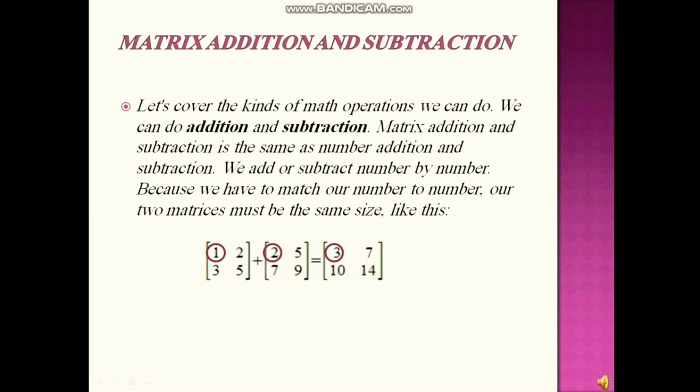So here we have two matrices and the order is 2 by 2. We can add them correctly. So we will add 1 plus 2 equals 3, and 2 plus 5 equals 7, 3 plus 7 equals 10, 5 plus 9 equals 14, as it's shown below.